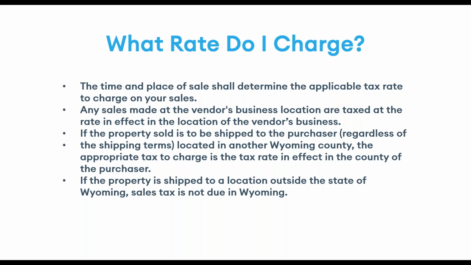If your property is sold and is to be shipped to the purchaser, regardless of shipping terms, and that purchaser is located in another Wyoming county, the appropriate tax to charge is the tax rate in effect in the county of the purchaser. So if I'm in Albany County and I'm shipping to a customer in Natrona County, I'm going to charge Natrona County sales tax rates on the sale.